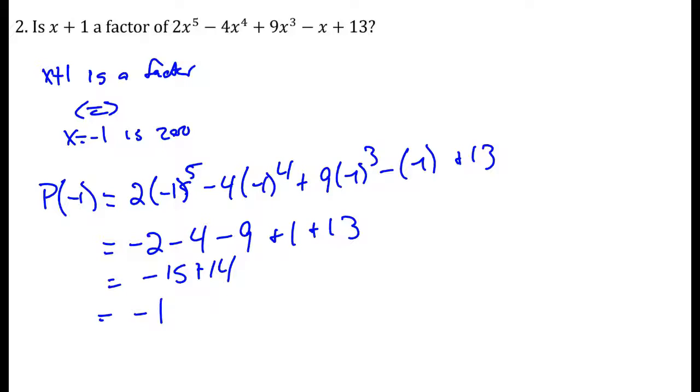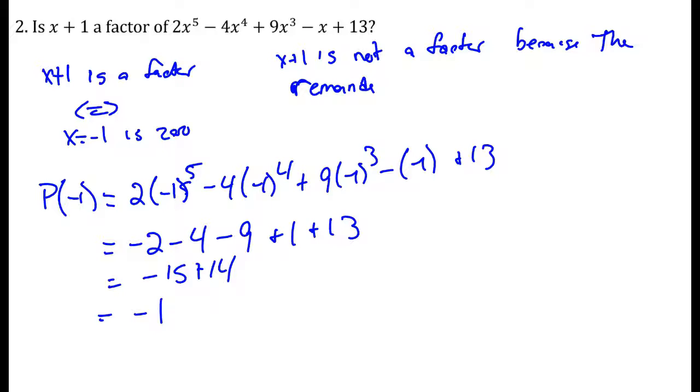P of negative 1 is negative 1, which means that the remainder is negative 1. So x plus 1 is not a factor, because the remainder is not 0.